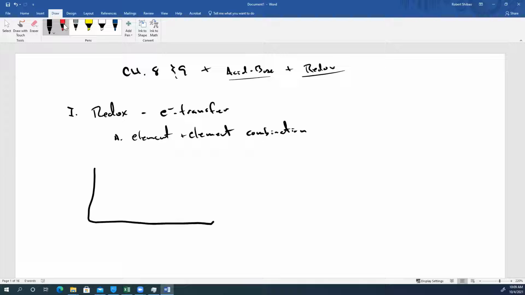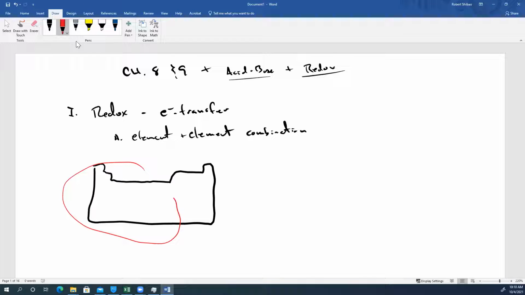And so if we look at the periodic table here, the elements on the left are metals. These tend to lose electrons. The elements on the right here, the nonmetals, these tend to gain electrons. And so we can kind of figure it out based on this.